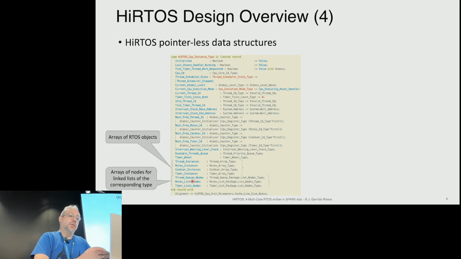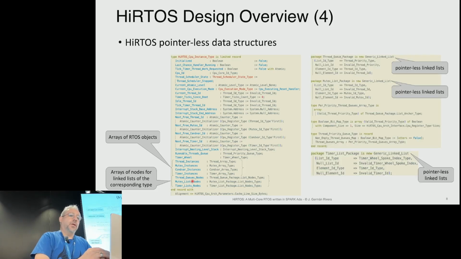So no object-oriented constructs of Ada are used. To avoid the use of pointers, we just use indices into arrays of objects, and that is our way to make the connection between objects. For example, a thread that is associated with its built-in condition variable or its built-in timer has an index to refer to the corresponding object of that type.